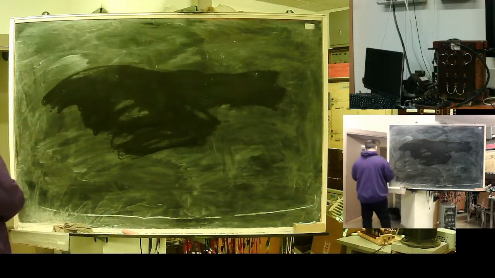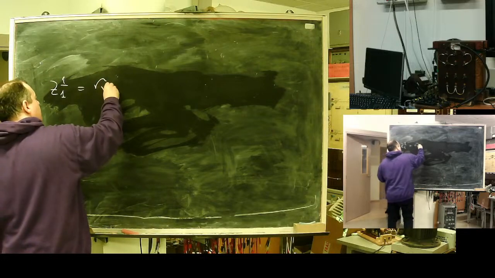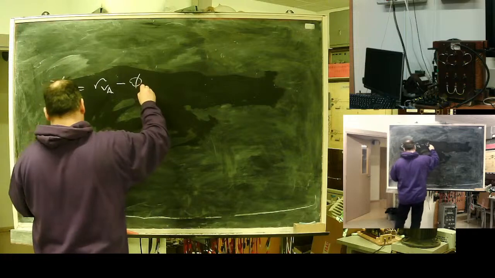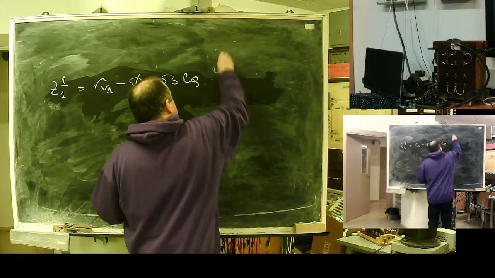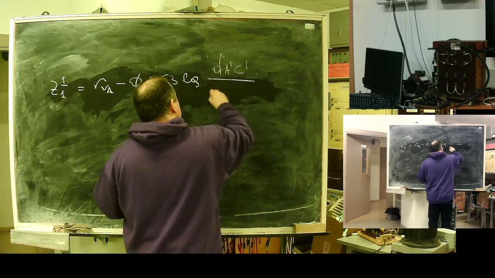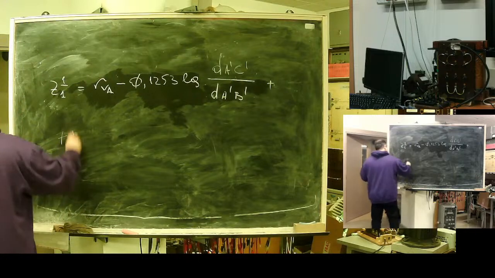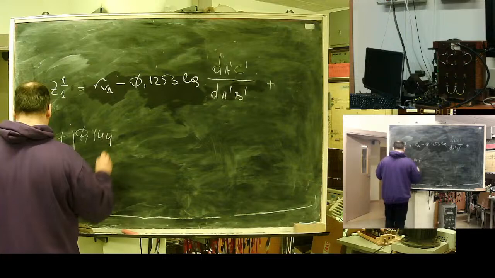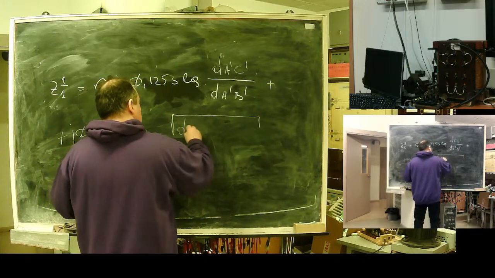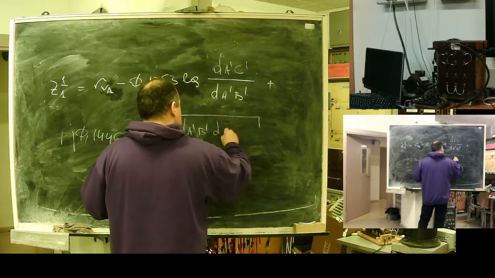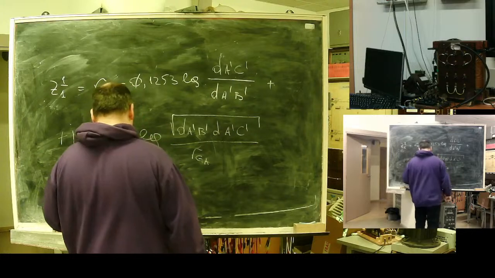Here, self-resistance for the A phase, for the direct sequence, for the first line, is the self active resistance minus 0.1253 decimal logarithm of distance A1 C1 divided by distance A1 B1, plus 0.14469 logarithm of the square root of distance A1 B1, distance A1 C1, divided by the equivalent geometric radius of the A phase.